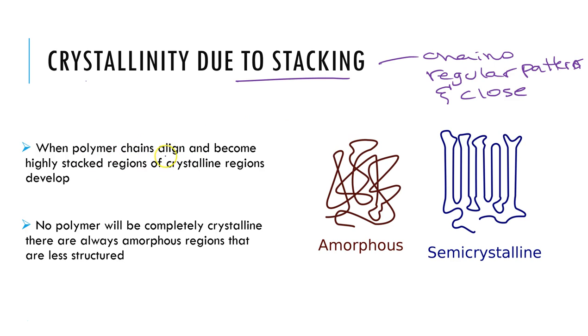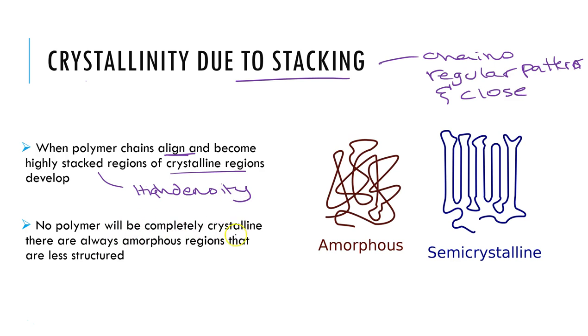So when polymer chains align, all lined up nice and tightly, they become highly stacked regions or crystal regions within the polymer. Okay, so this is going to be a high density again. So we're going to have greater strength in our polymer, but also greater clarity as well.